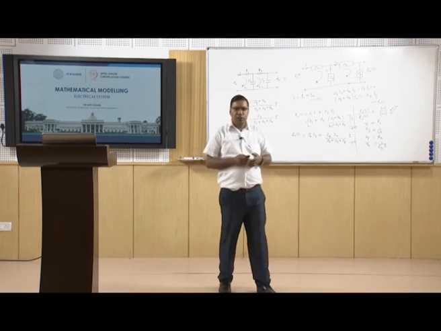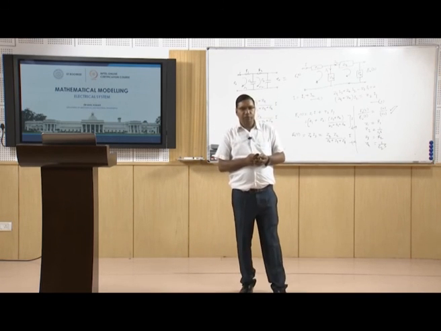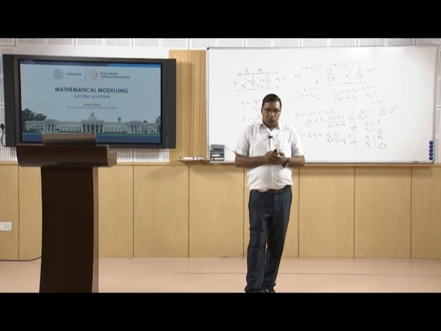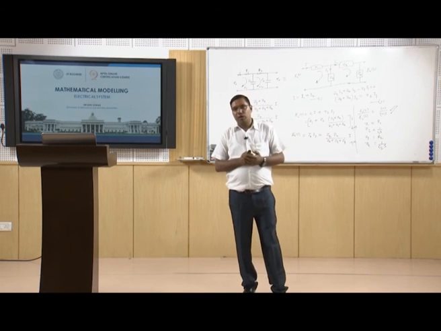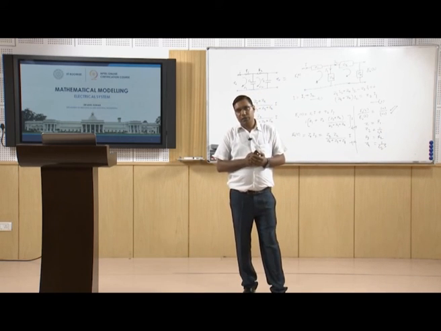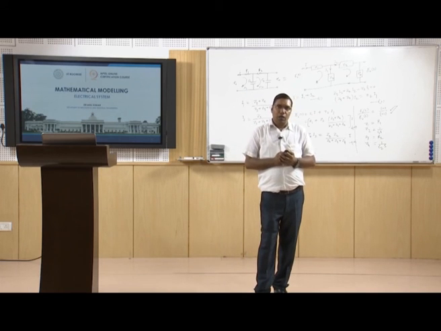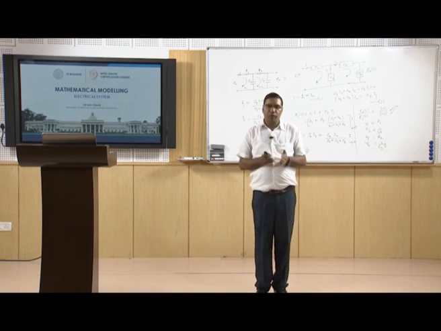So these examples are taken from the book of Norman S. Nise, Control Systems Engineering. So we learned how to model the electrical systems. We use the basic elements like resistance, capacitor, and inductor, and we can apply two methods.